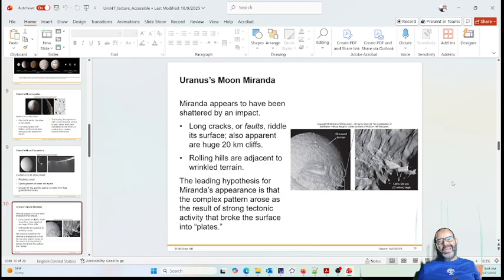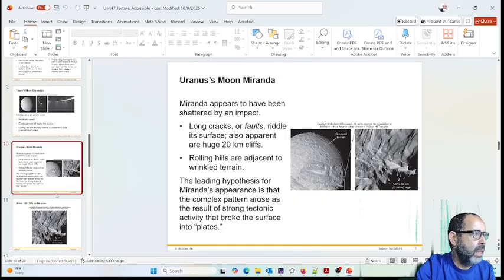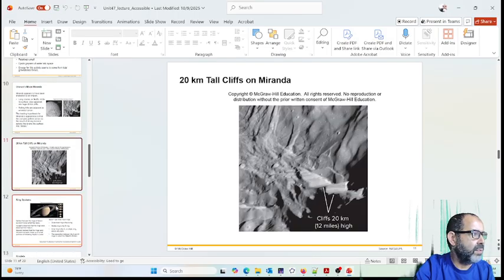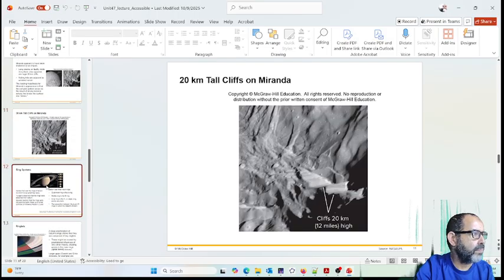The Grand Canyon is not 12 miles deep, not 10 miles, not even 5 miles deep. Imagine standing on a cliff that is 12 miles down. If you were to drop a rock, you wouldn't hear it hit the ground, and you wouldn't even see it go down. That's a very deep distance. So these are the cliffs on Miranda.